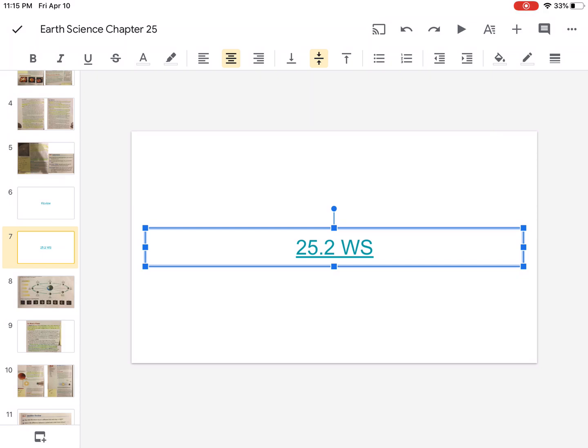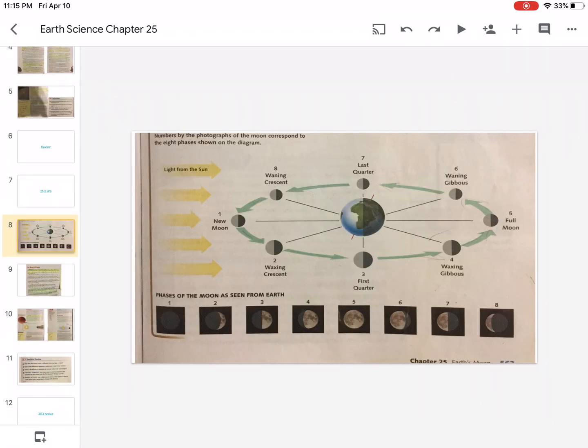What conditions cause this? You need to look at page 563. With this one, you're going to be able to describe with a brief description of the moon, and also what it looks like. What conditions cause this?